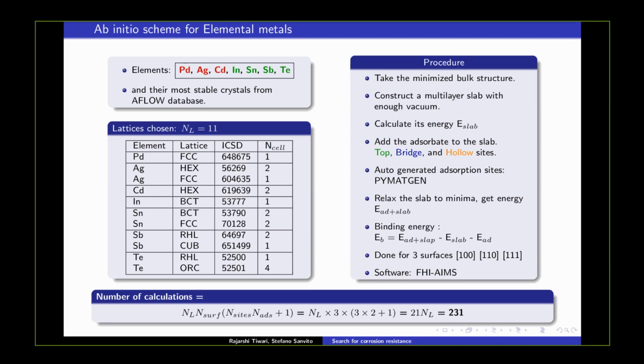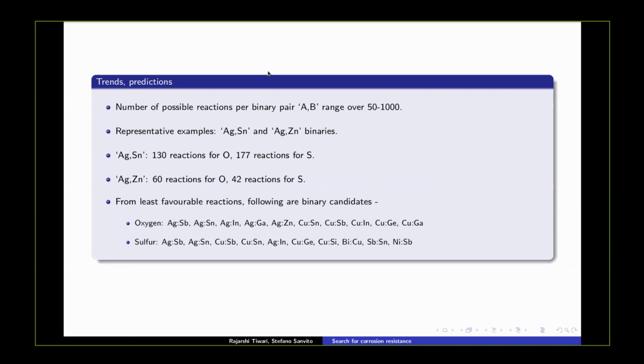I mean, for binary compounds, the estimate of binding energy through ab initio calculation. One reason is that several of these indium, tin, etc., their binaries are already among these lists, as you can see: silver antimony, silver tin, silver indium, and so on.